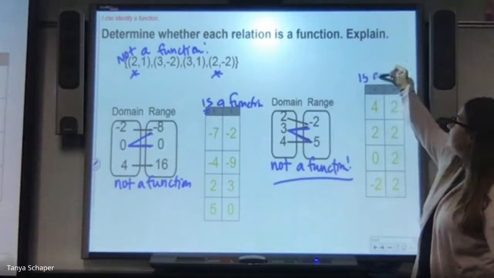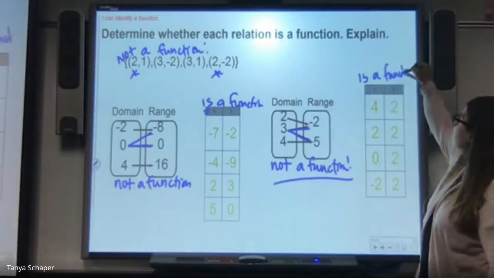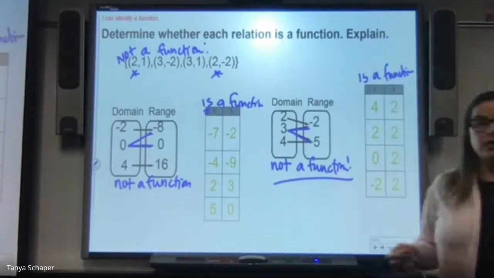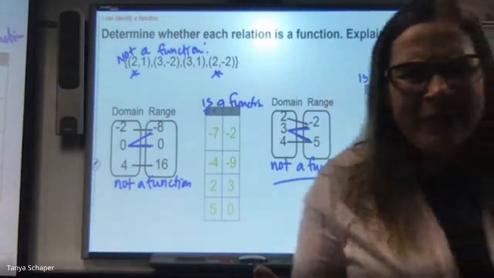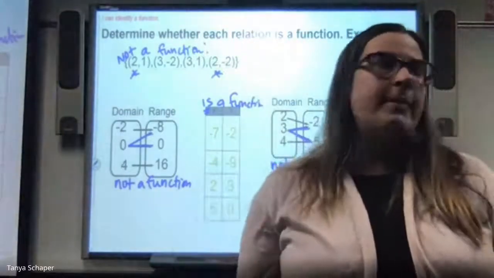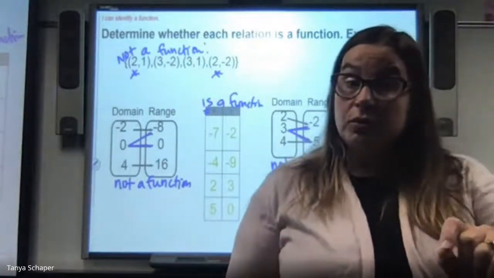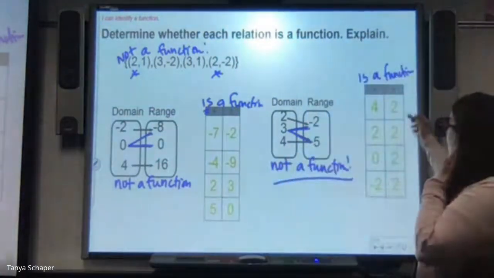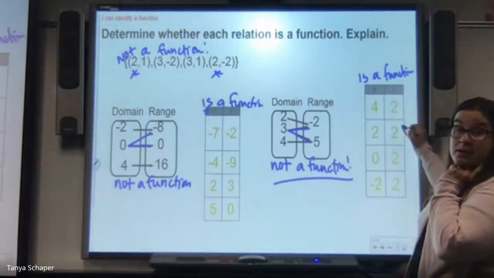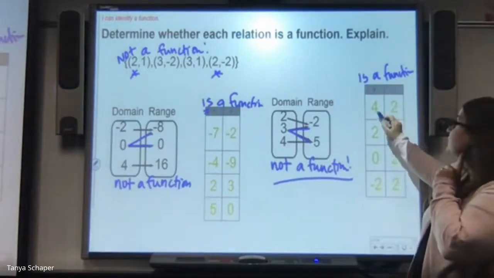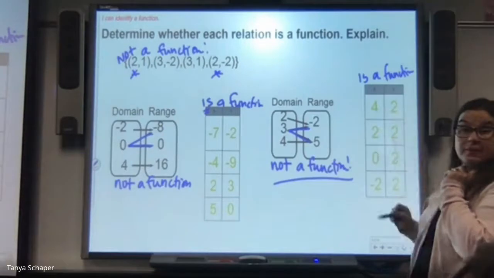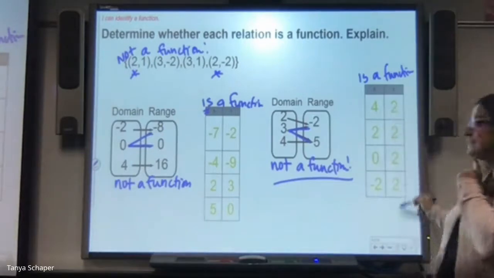This is a function. Now, if you're at home and you're like, but come on, there's all 2's for the outputs. Come on. You said one output for every input. That's true. Even though these are all the same, it still has only one output for this number. All of these can be the same.